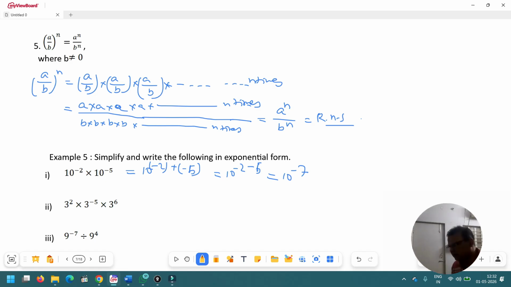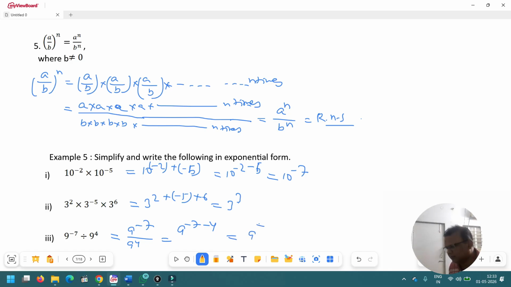Similarly, 3 to the power 2 plus minus 5 plus 6 is equal to 3 to the power 3. That is equal to 9 to the power minus 7 by 9 to the power 4, that is equal to 9 to the power minus 7 minus 4. That is 9 to the power minus 11.